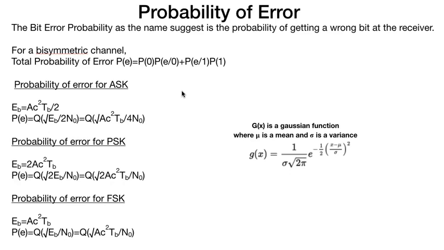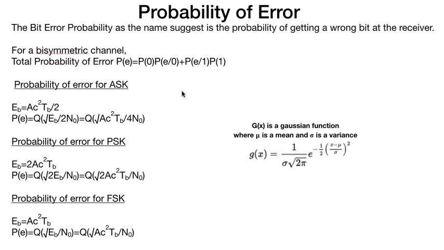Probability of error is the probability of getting a wrong bit at the receiver. Suppose you transmitted a 0, you received a 1, or you transmitted a 1, you received a 0. The addition of both the error probabilities in a binary symmetric channel will give you the probability of error.